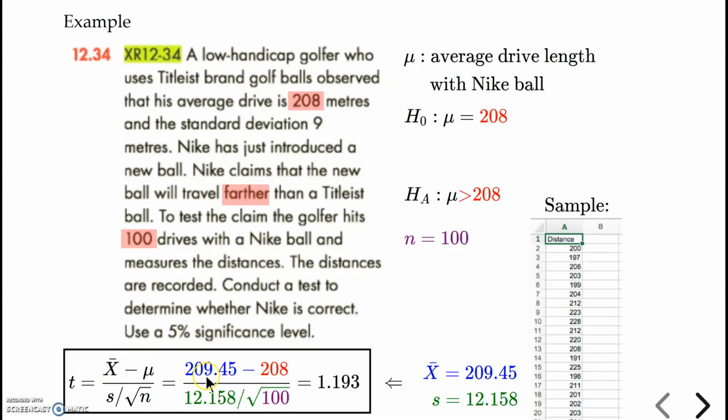We know that x bar is 209.45 from the sample data, mu is 208 assuming the null hypothesis is true, and the sample standard deviation is 12.158. You divide it by the square root of n, which is 100, and we have another name for this denominator. What is it? Yep, standard error of x bar.